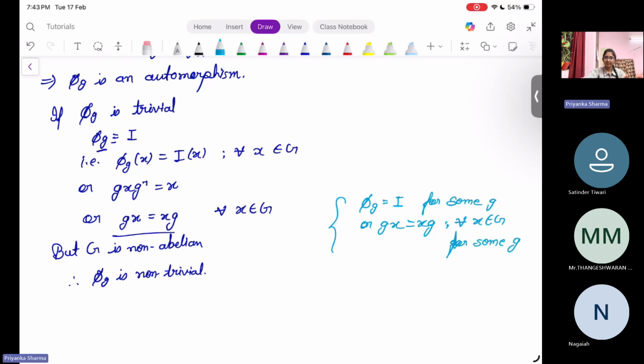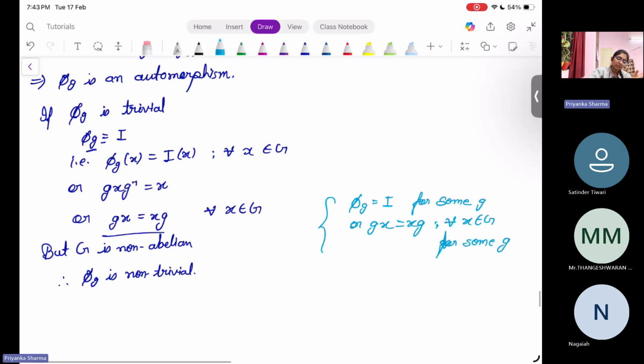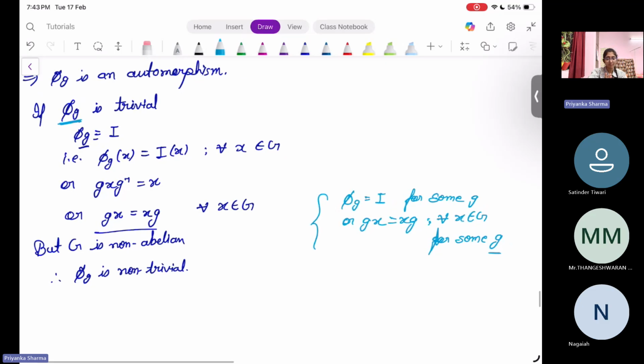Actually, if g is identity, this will be true. Okay. So first you need to choose the element g to make this automorphism phi g different from the identity element.